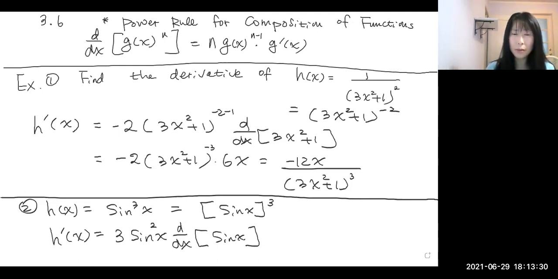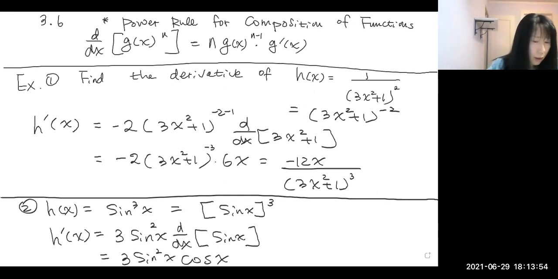Make sense? All right, so then we have 3 sine squared x. What's the derivative of sine x? Cosine x. Thank you. Okay, this is the answer. Let me erase this one.